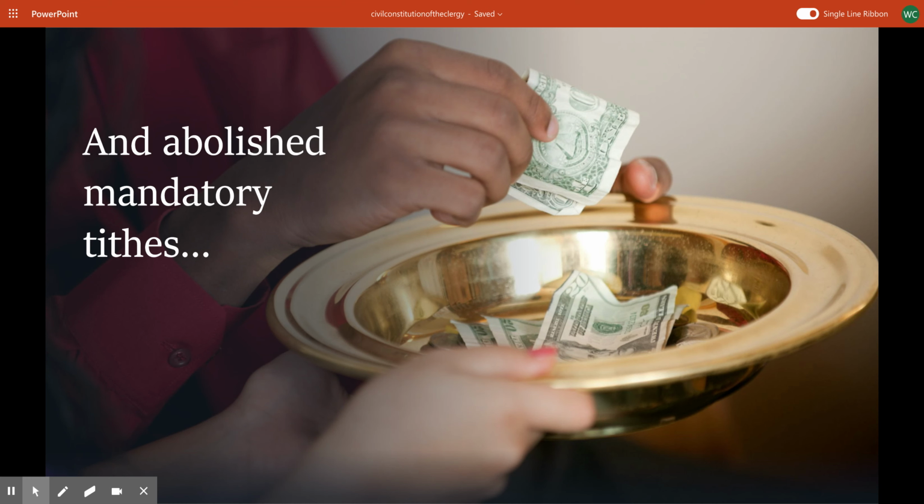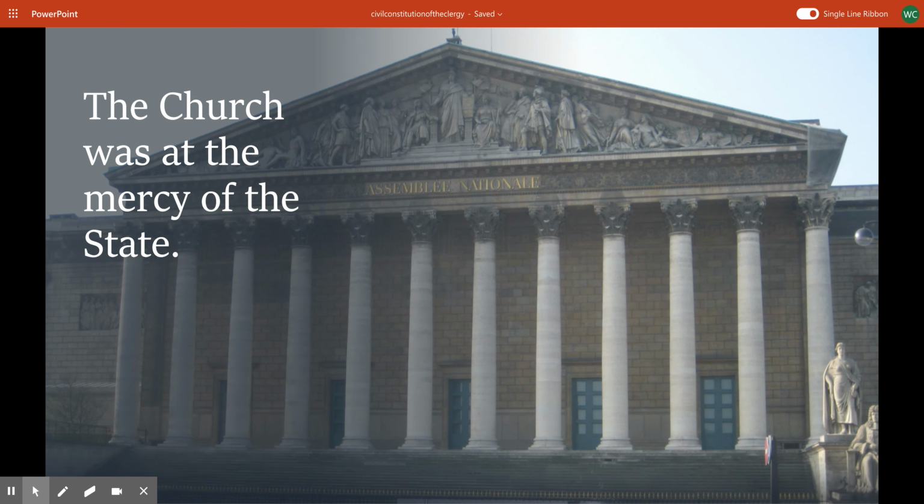So if people were going to tithe from here on out, they were going to do it because they wanted to voluntarily. No longer is the government going to collect tithes. So the church is now at the mercy of the state. The church no longer has land. They no longer have these mandatory tithes or other privileges.